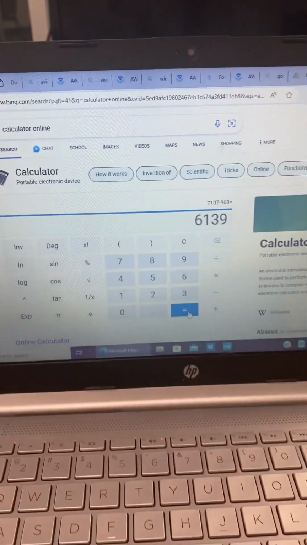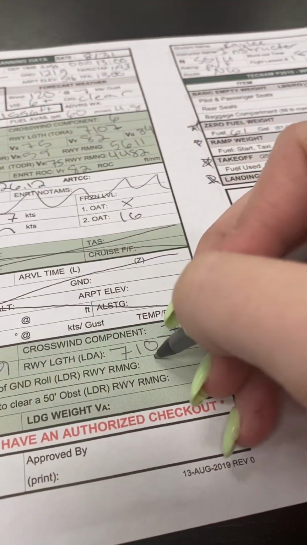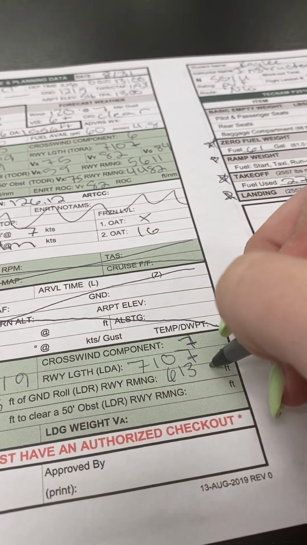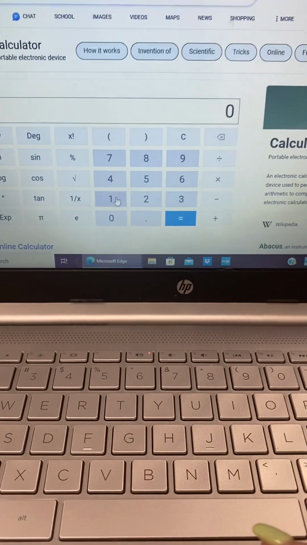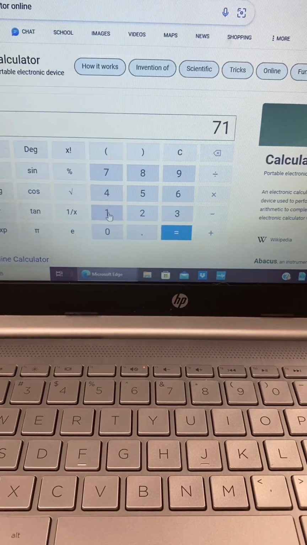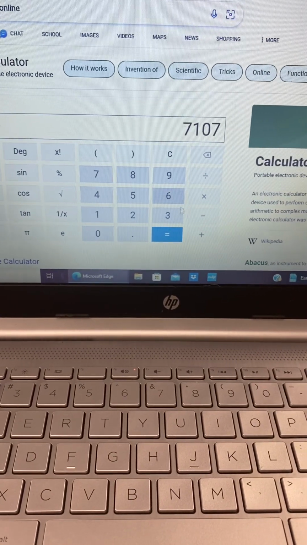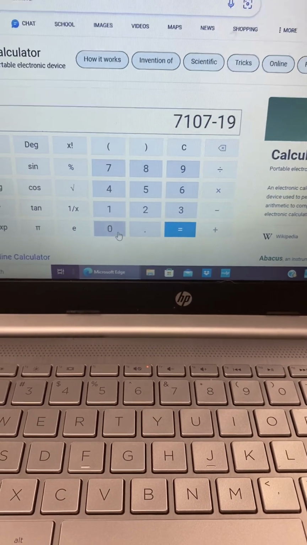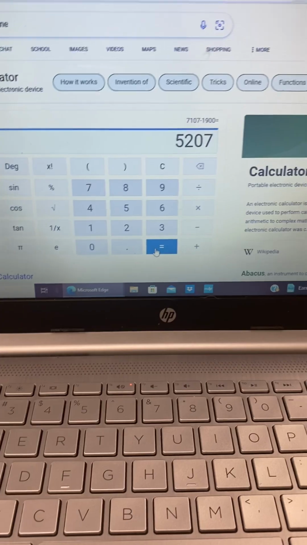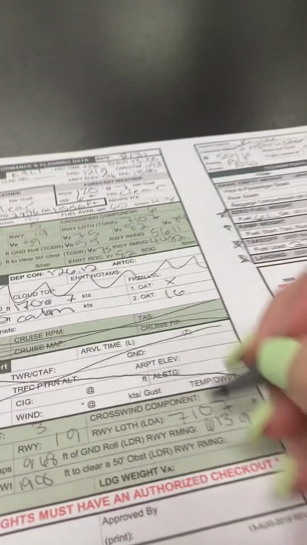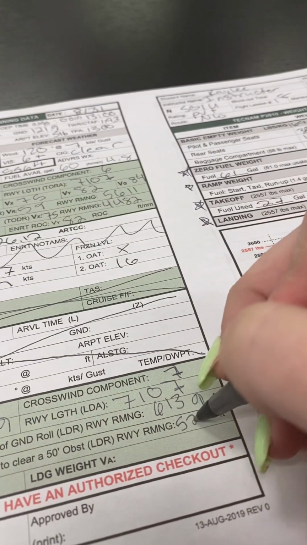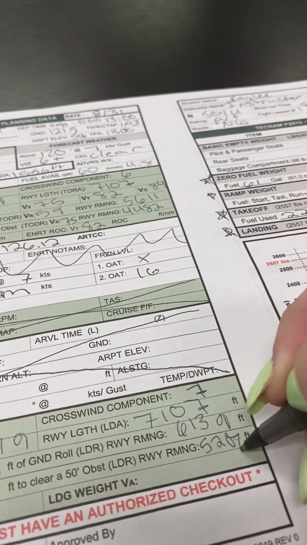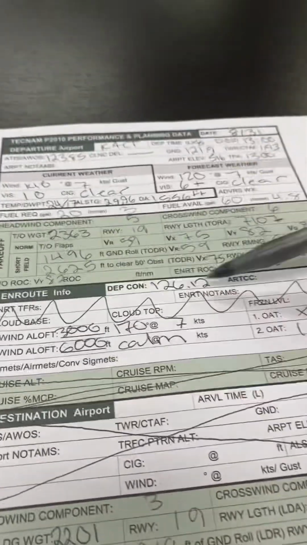Okay, 6139. And let's do the other one. There we go, 5,207 feet. So it looks like we have a lot done right now.